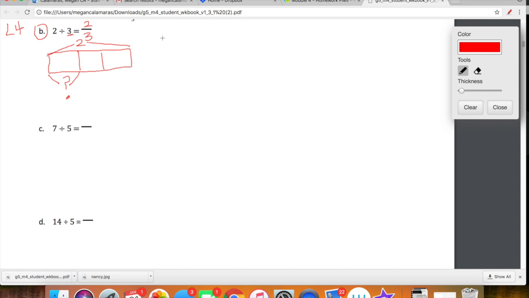We know that 3 units equal 2. So my question to you is, 1 unit equals what? 1 unit equals 2 divided by 3, or 2/3.